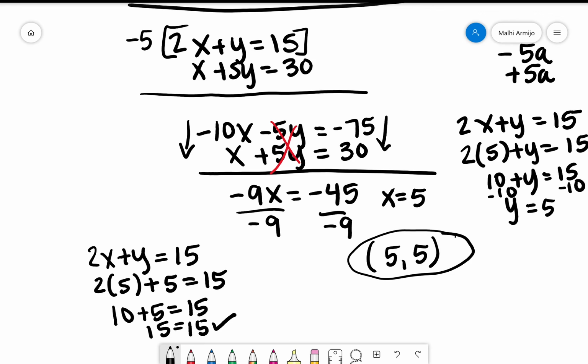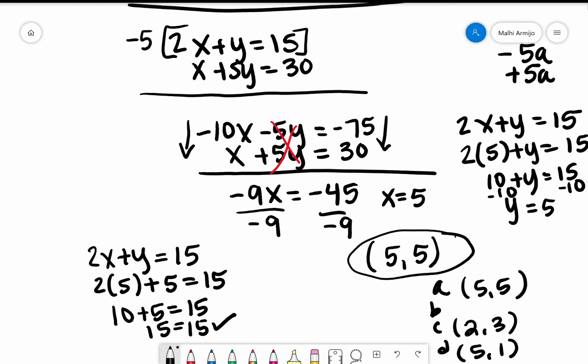Now, if it is a multiple choice question, one of the things that you can pay attention to, and I hope you do, is if you have a few solution sets listed out and you find your x, then you know for sure it cannot be B and C. Then what you can do is see which one is the one based on the second one.